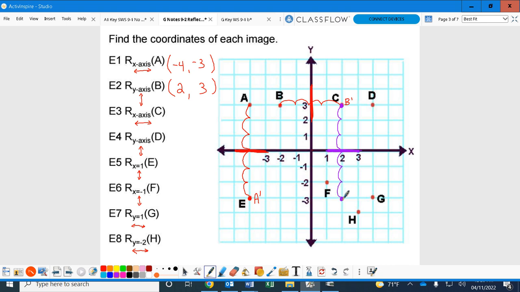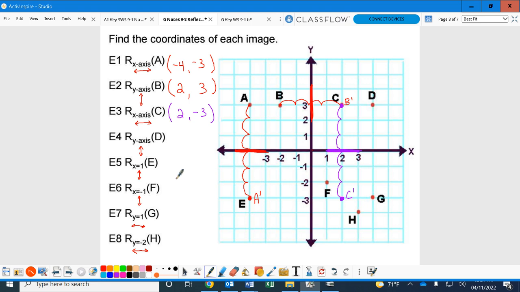Notice it doesn't have to fall on top of another point. It's okay. That's going to be called C prime. And then you have to be able to tell me what ordered pair that is. I went to the right and down. If I go to the right and down, it's going to be positive, negative. What numbers would they be? 2. I said it and I wrote it. 2, negative 3, would that be correct.